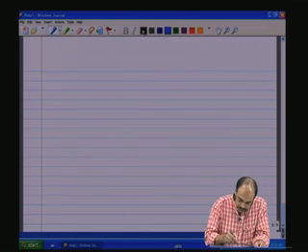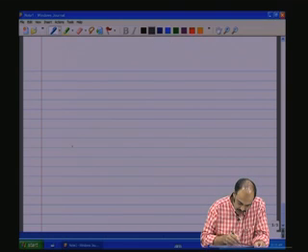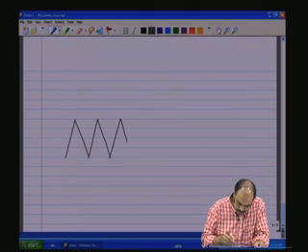So, what we do, we first draw just these plain triangles like this. Keep drawing these triangles, at least 6 of them.